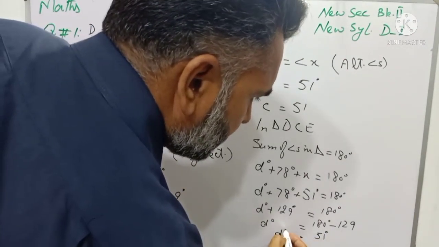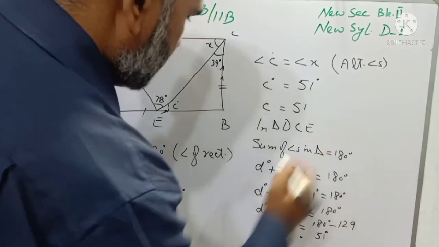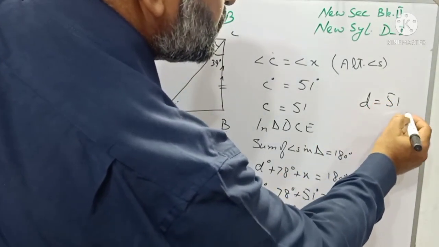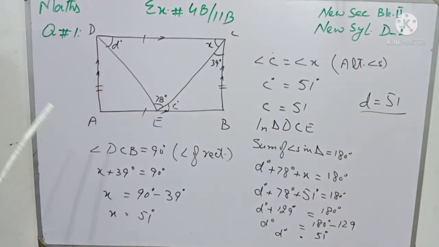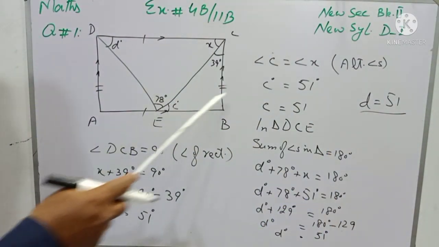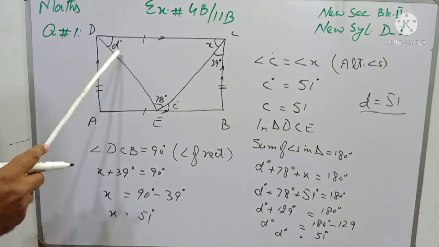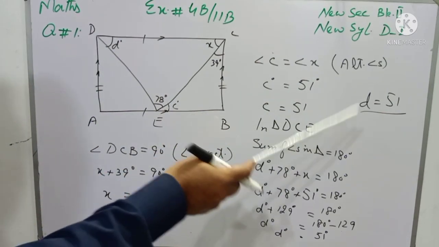And students, degree will be cancelled with degree and the value of D is 51. So students, the value of C is 51 degrees as well as the value of angle D is 51 degrees.